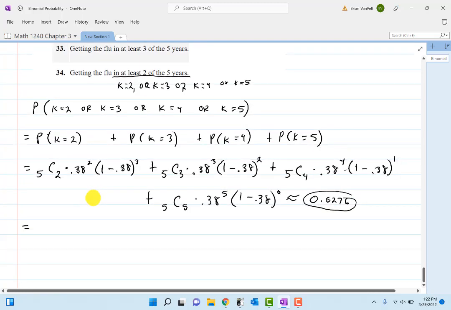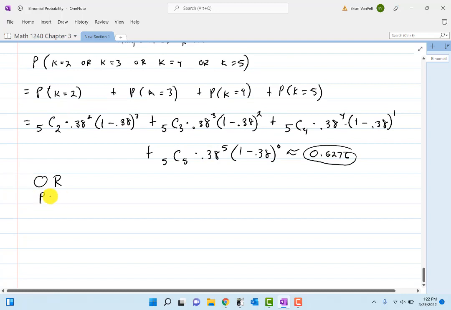Or you can do it this way. Let me get that equals out of there. So let me put a big fat or here. The probability of 2 or more years equals 1 minus the probability of 1 or fewer years.